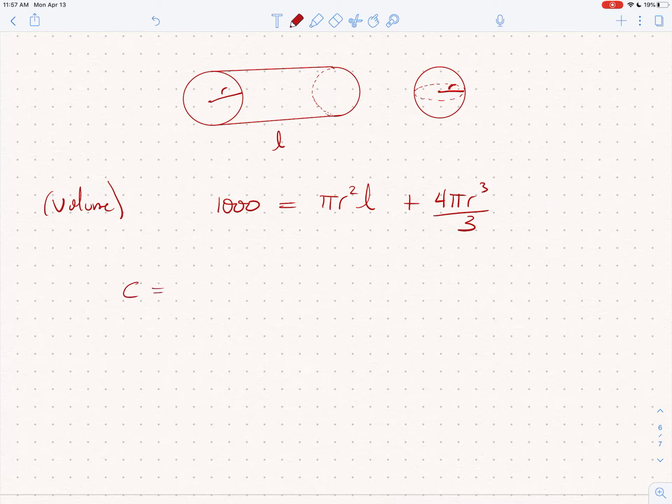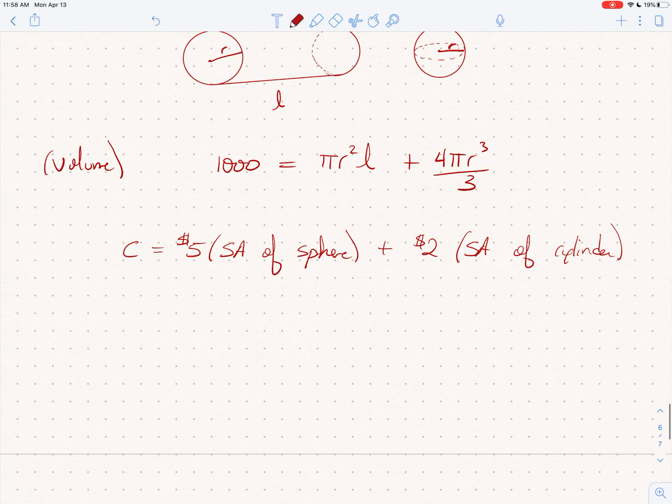The thing that we want to minimize is cost. Let's just write it down in words. The cost is $5 a square foot times the surface area of the sphere plus $2 a square foot times the surface area of the cylinder. Well, now we can actually write down the formulas.